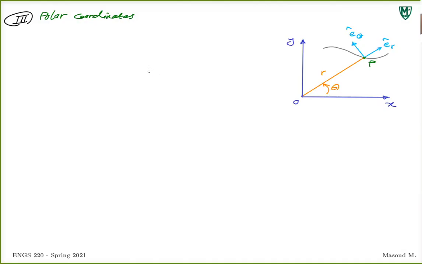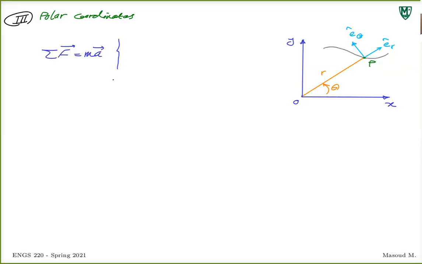Now, once you have this, you can find the components of acceleration in polar coordinates. We talked about those in kinematics when we were talking about position, velocity, and acceleration, and you can just write Newton's second law. The summation of forces as a vector is equal to ma as a vector.